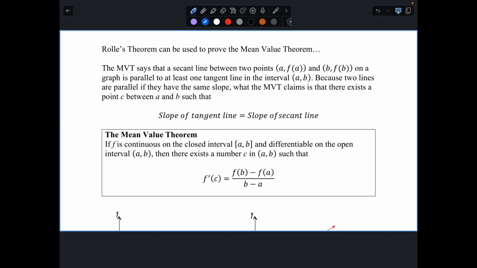The only condition is that the function has to be continuous on the closed interval, and the function values at the endpoints can't be equal to each other. The mean value theorem says the function has to be continuous on the closed interval so that you can consider the average rate of change, the slope of the secant line on that interval. And then it has to be differentiable on the open interval because we're saying that somewhere on the open interval, the derivative is going to take on the same value as the slope of the secant line, the average rate of change.